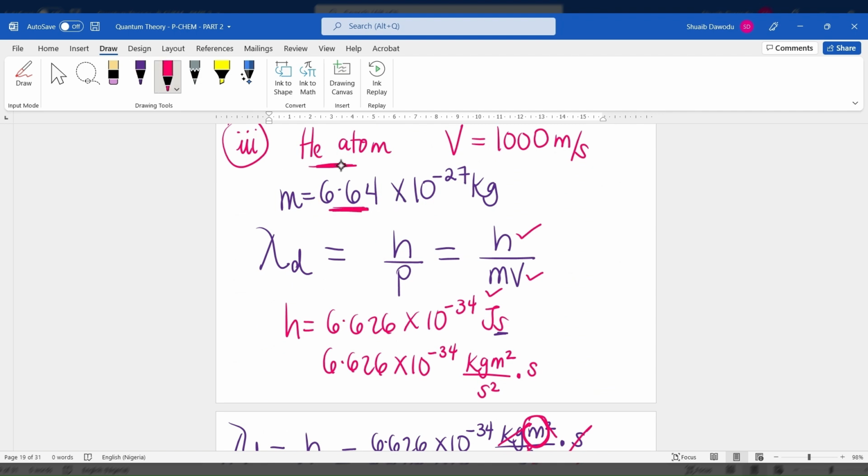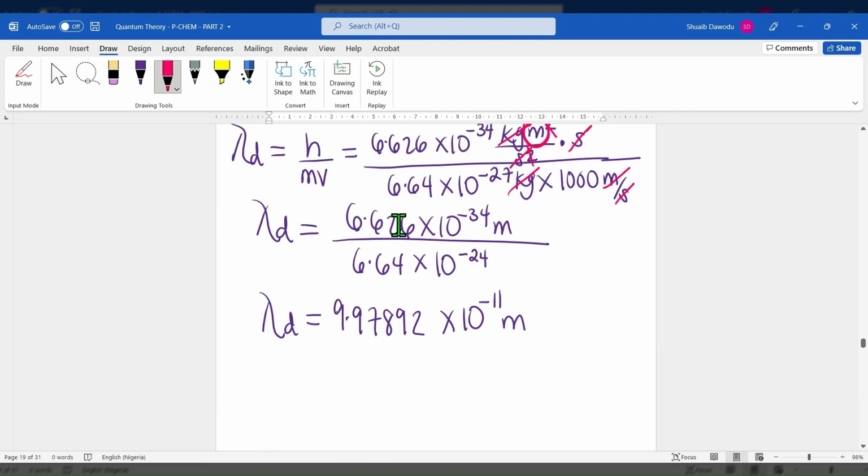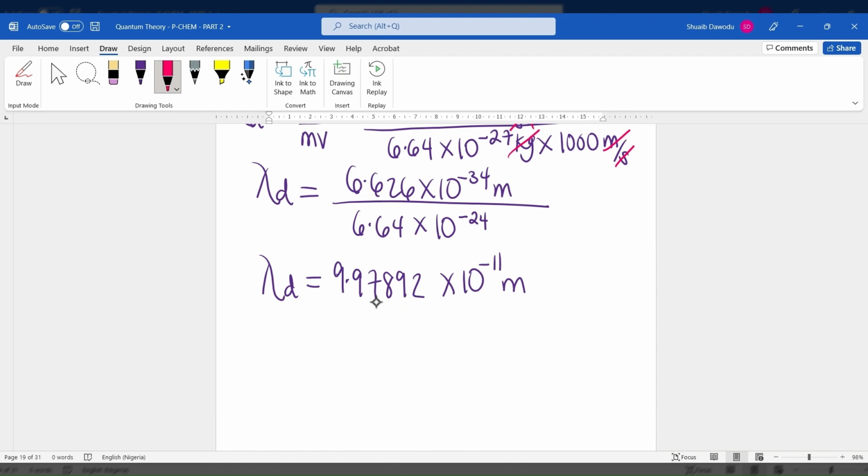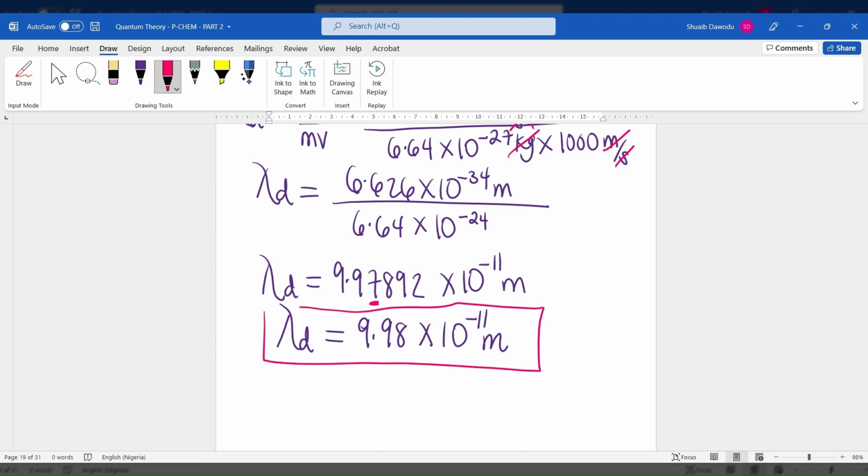So because that's part of the values that we use in solving this question, we have to use the lowest number of significant figures, which is just three sig figs. So that means our final answer has to be in three sig figs. So we end up having the lambda sub d, the de Broglie wavelength, to be 9.98 times 10 raised to the power of negative 11 meters, which is simply the final answer to this question.